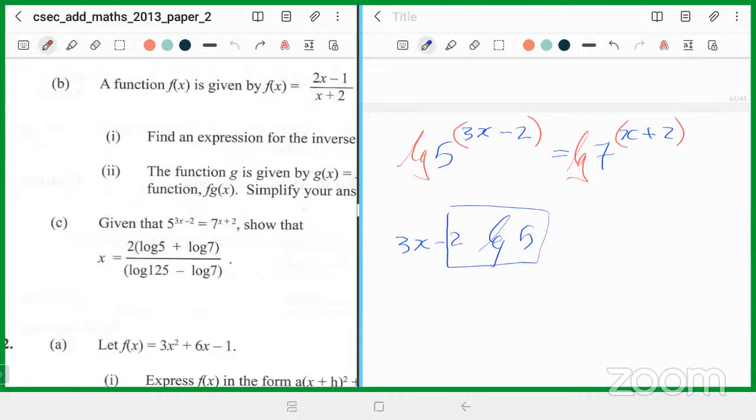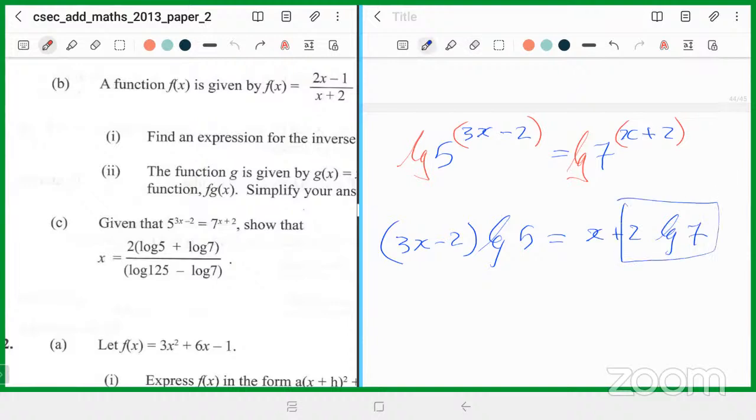It is not. It is the entire power that you removed. Similarly over here, you have to bracket up the x plus 2 as a whole power times the log of 7. If you don't put the brackets, then you might go away thinking that you're doing the 2 times the log of 7 by itself. So you have to bracket that up.